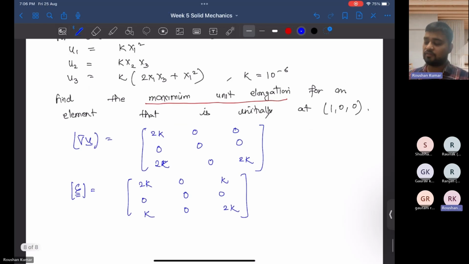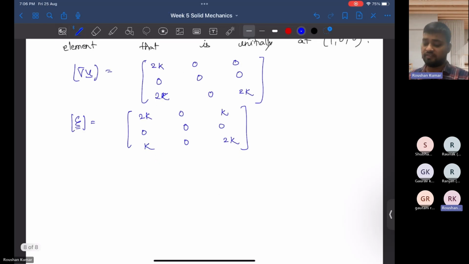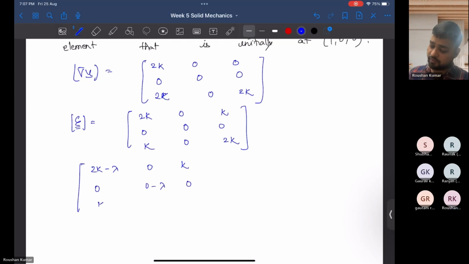Now we have to find the maximum unit elongation. For that, we have to find the principal strain components. One simple way is to find the eigenvalues of this matrix. So we take the determinant of the matrix with 2k minus lambda, 0, 0; 0, minus lambda, k; 0, k, 2k minus lambda, equal to 0.